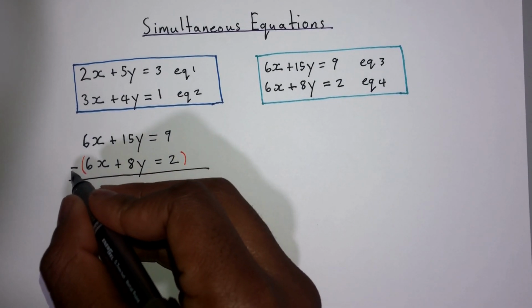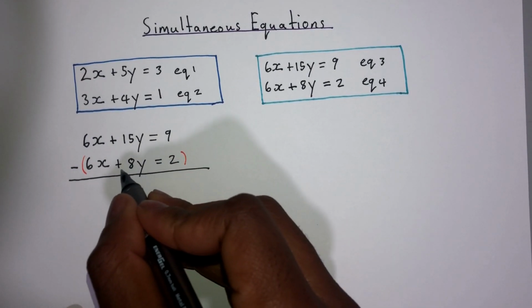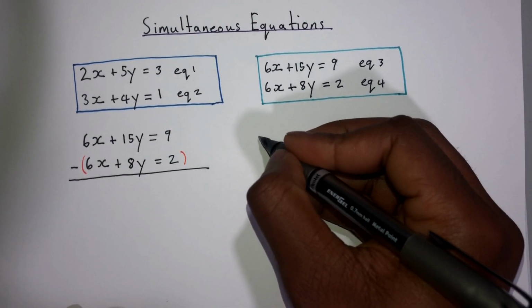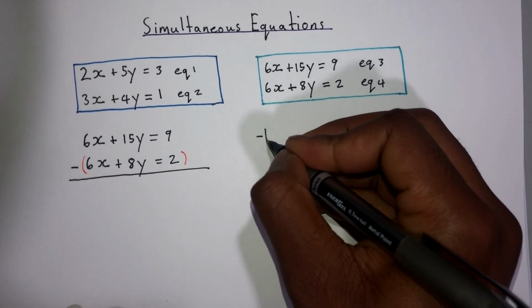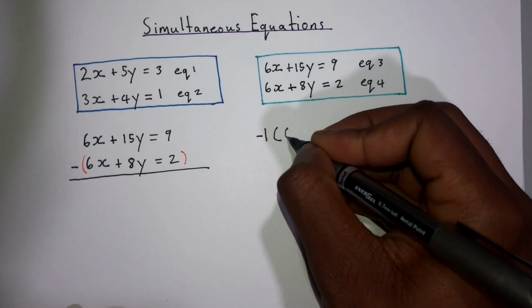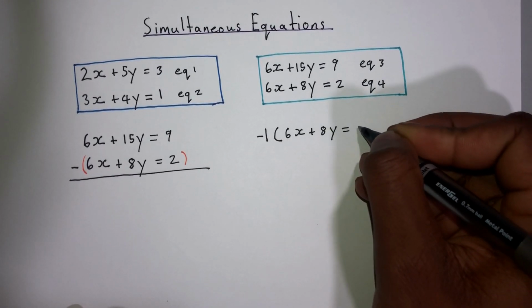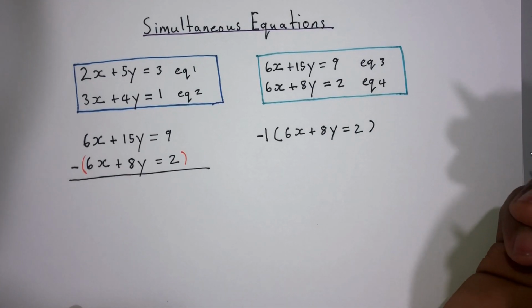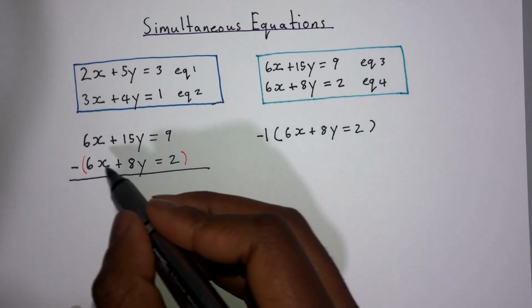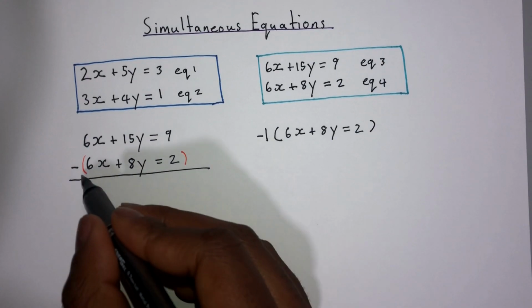What we have right here can be written as -1 times 6x plus 8y equals 2. They are the same.